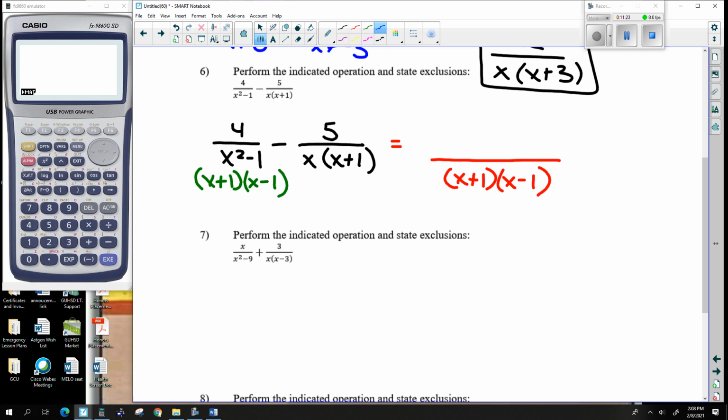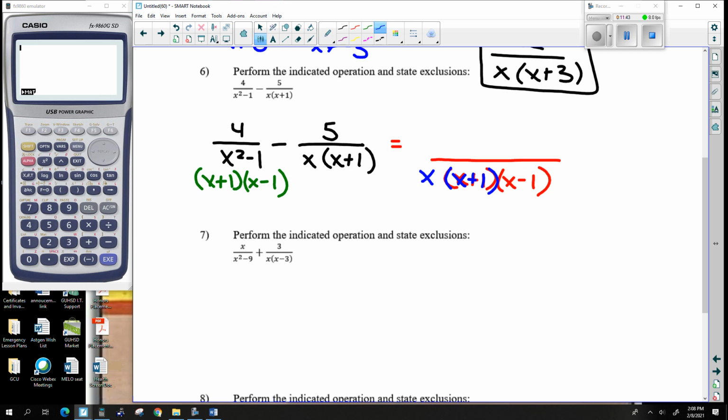The right-hand side needs it to have an x and an x plus 1. So notice how they share some commonalities. They share a singular x plus 1.